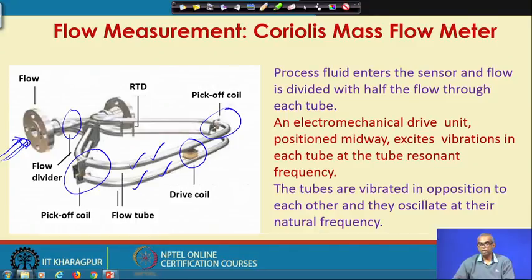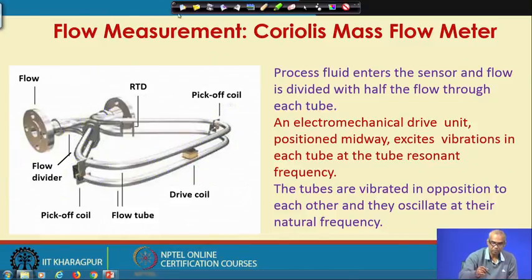The tubes are vibrated in opposition to each other and they oscillate at their natural frequency. These two sensor flow tubes are anchored here, and the drive is midway between the two anchors, and there are two pick-off coils which are basically sensors.